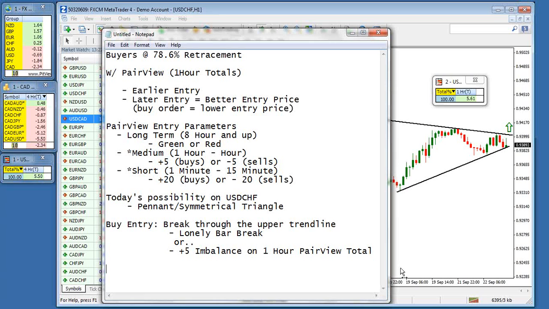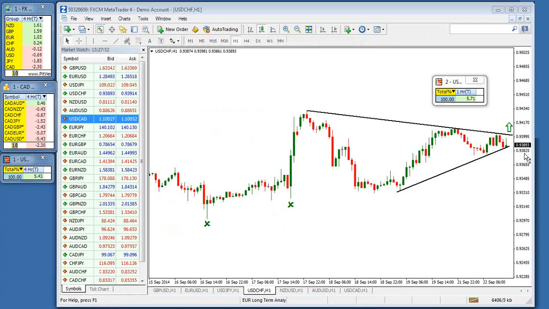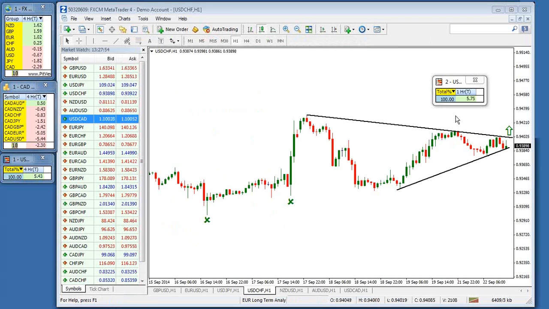entry point. Now, as far as where we put our stop on this, so the buy entry. As far as the stop order goes, when you have a symmetrical triangle such as this one, the minimum that you would want your stop order would be below this trend line over here.